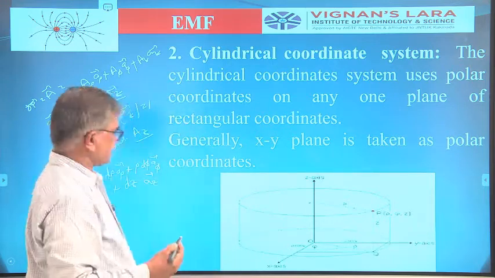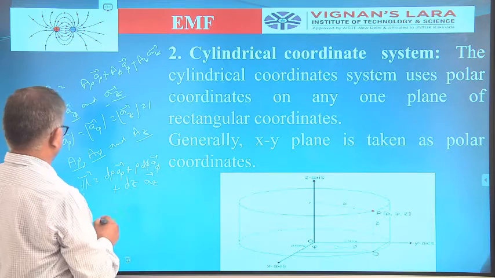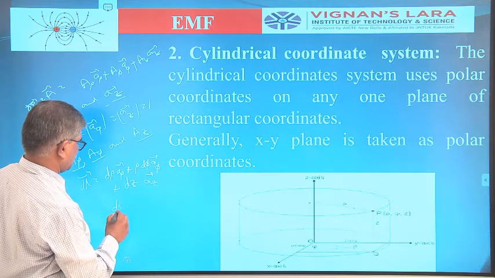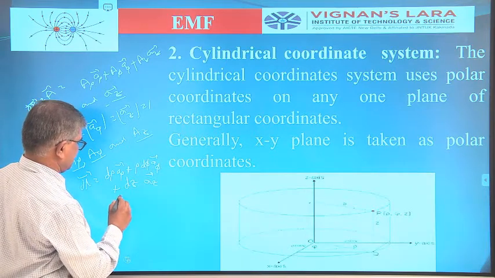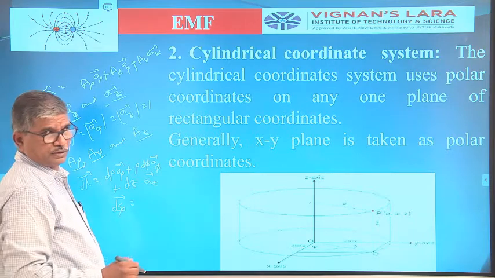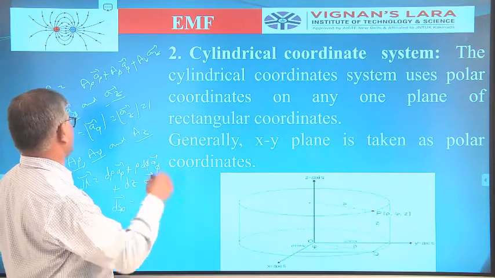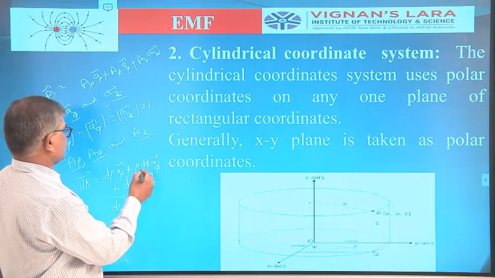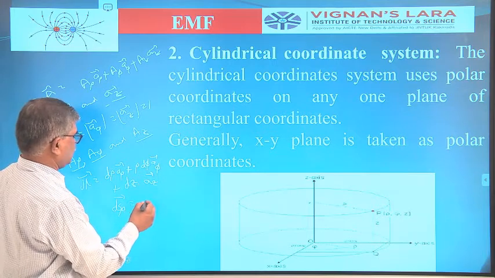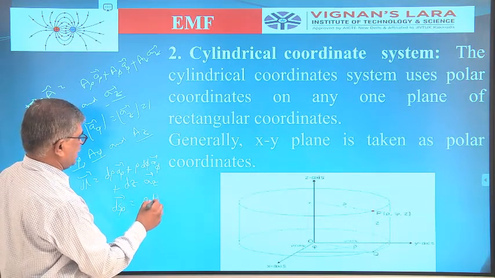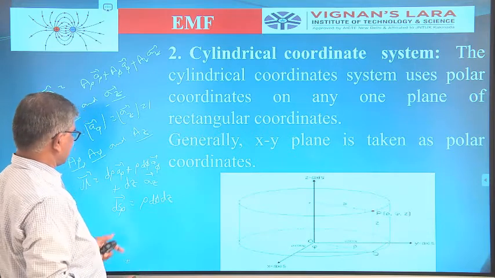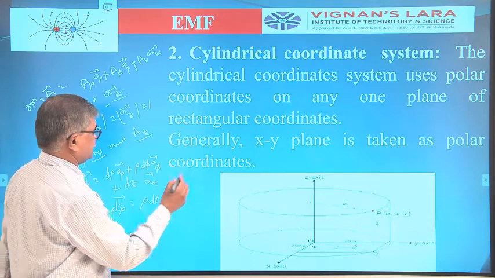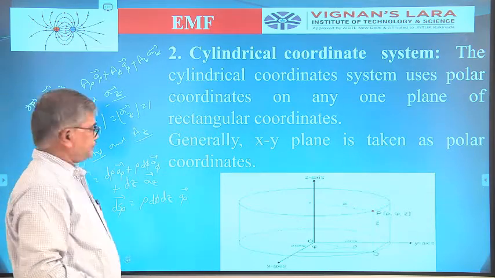So the differential surface area normal to the radial direction, that is ds rho bar, means the product of two differential lengths, rho d phi and dz. Rho d phi dz a rho bar.